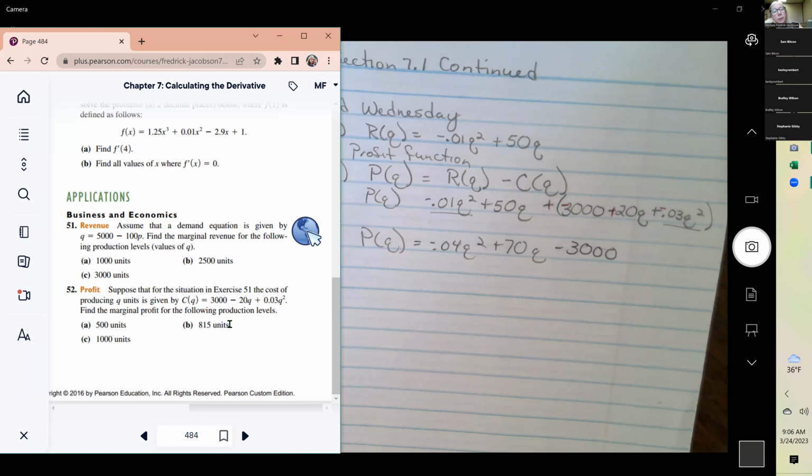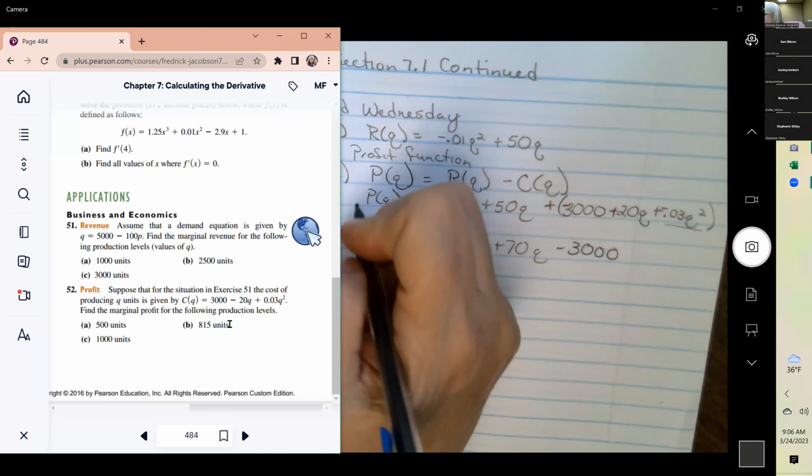Any questions on that part? So this is the profit function.